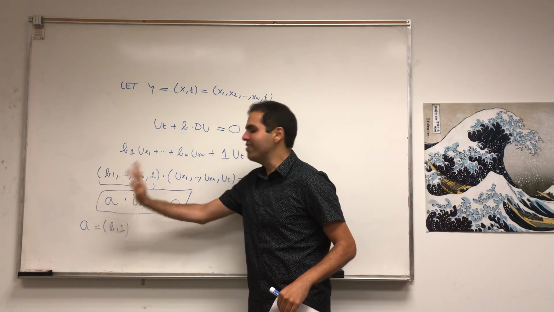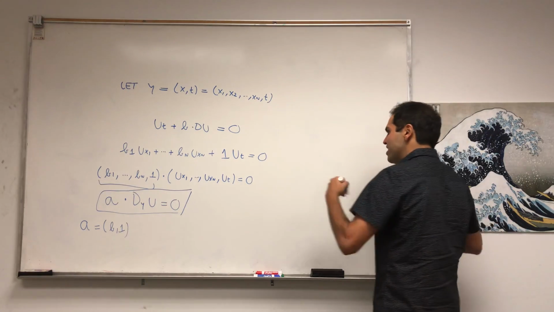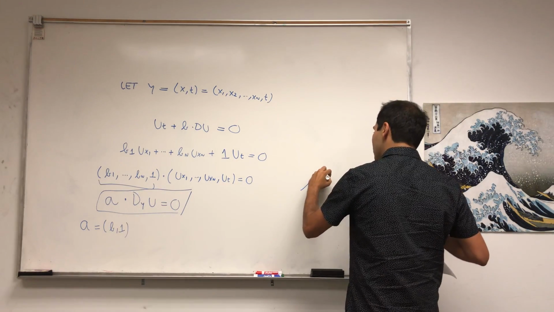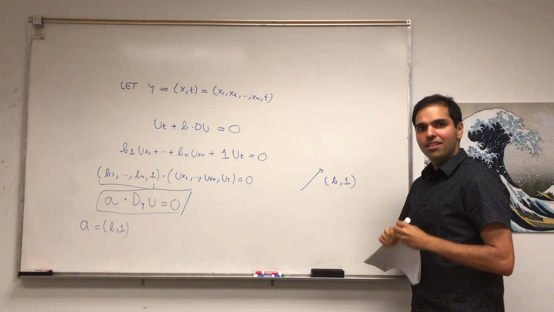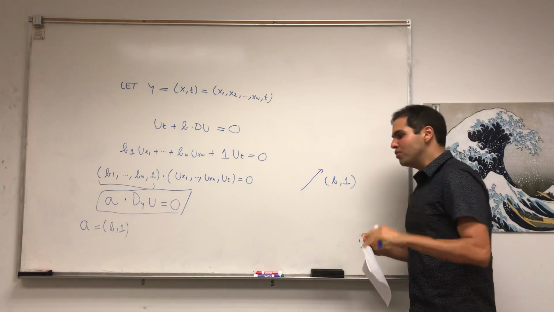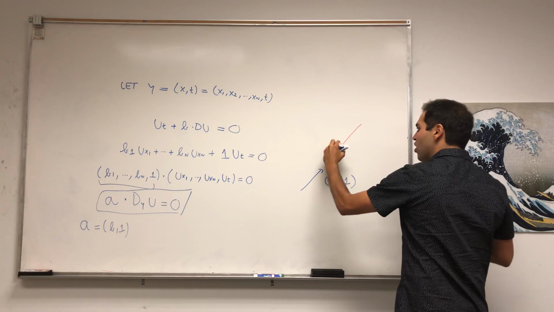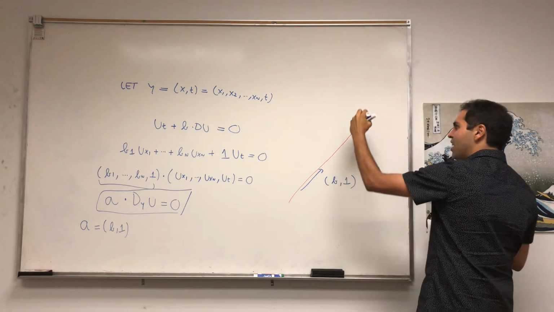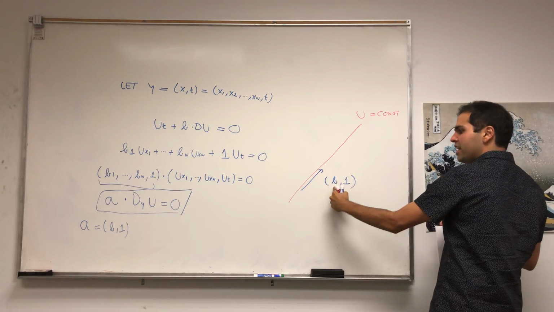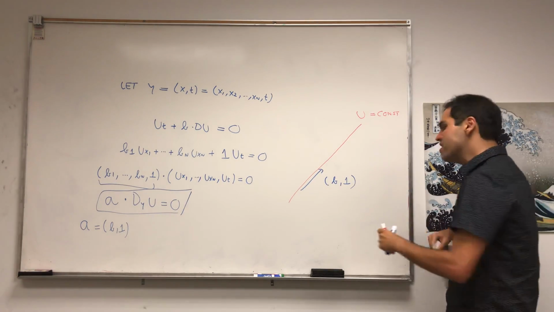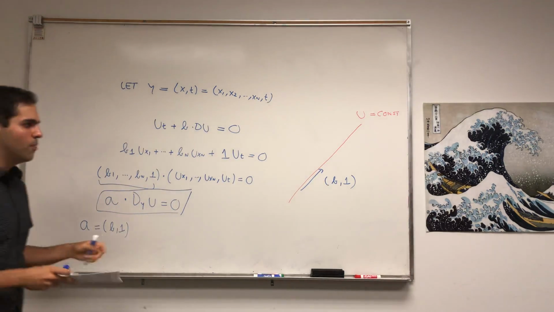No problem, just divide by the length of A and you still get that. Indeed, the directional derivative of u in the direction of (b, 1) equals 0. And if the derivative of u equals 0, it means u is constant. So really, u is constant on the line directed by (b, 1), or in other words, on the line with slope (b, 1).